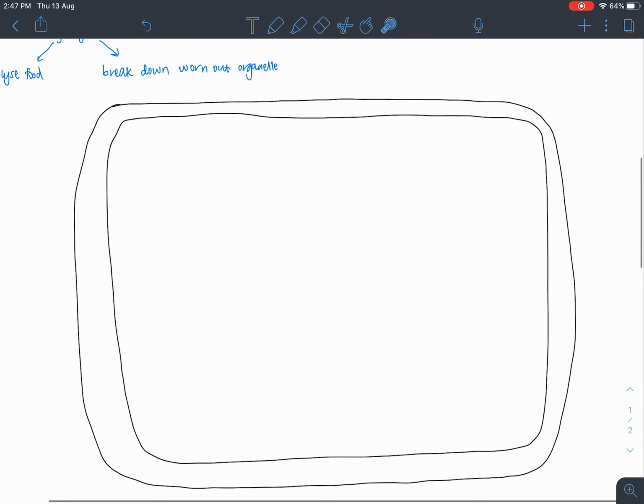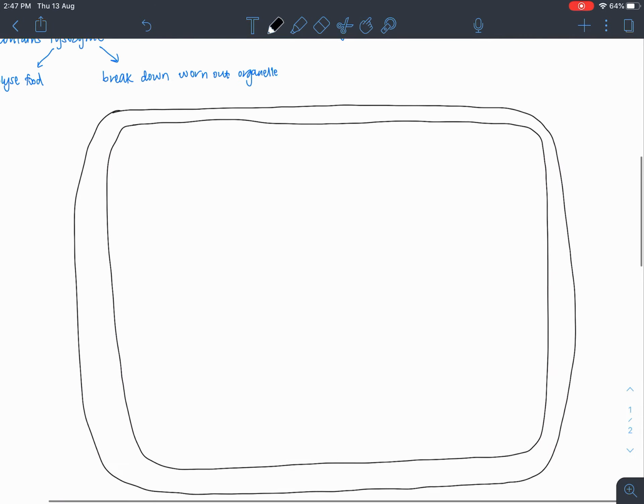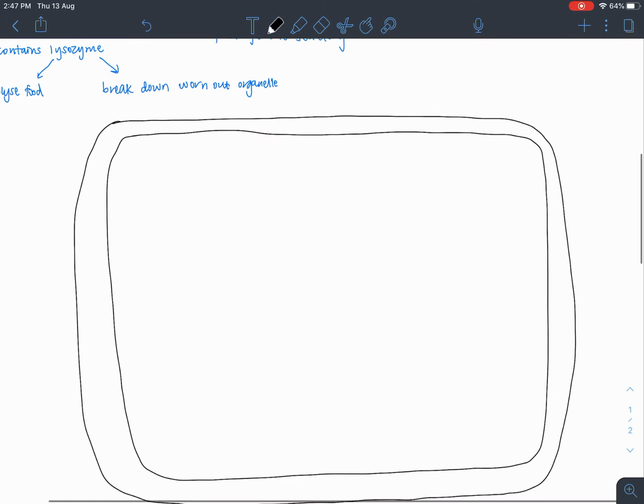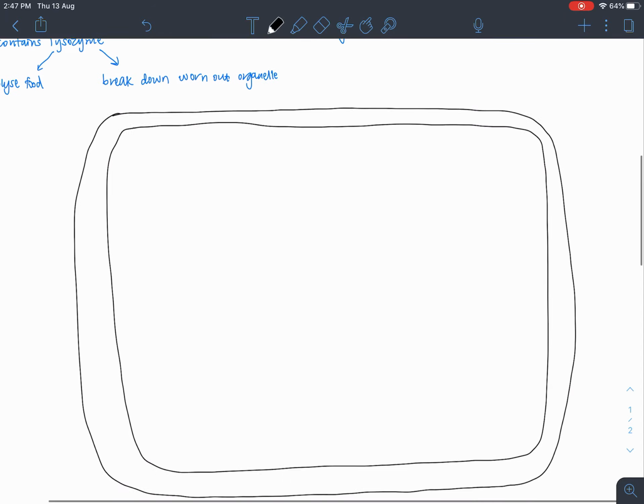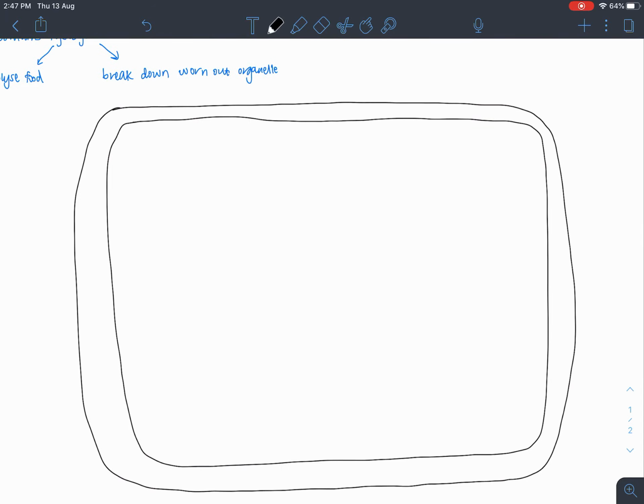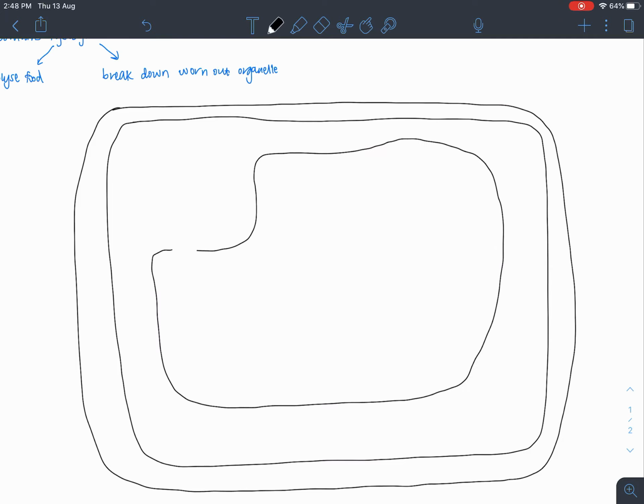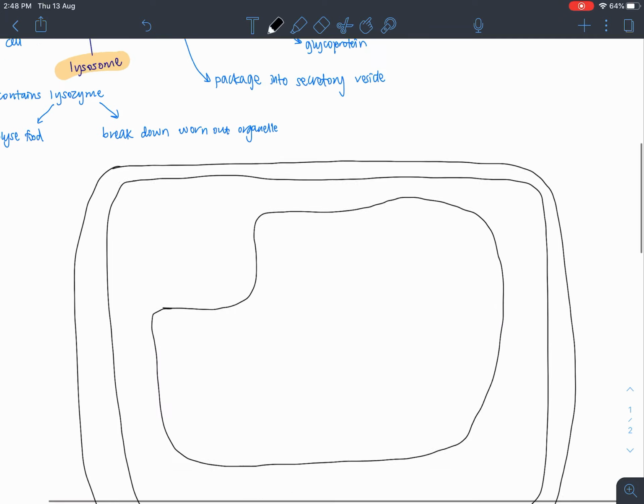Okay, next is the plant cell. So for the plant cell, you start off by drawing the outermost cell wall and the inner membrane, which is the plasma membrane. Then continue with the biggest organelle, which is the vacuole. When you draw the vacuole, it actually looks like this. It purposely leaves a bit of space for the nucleus to fit.